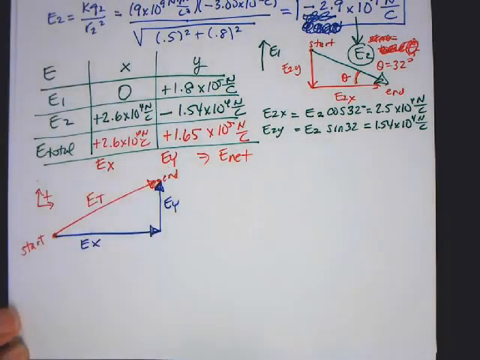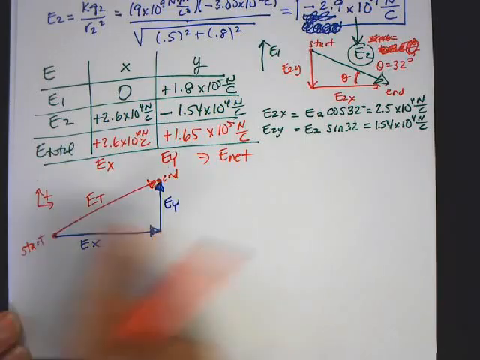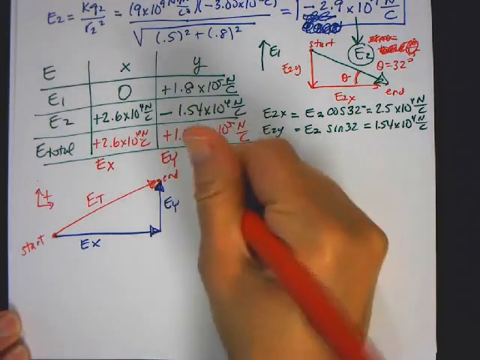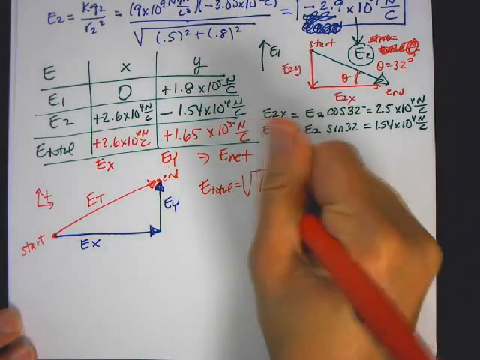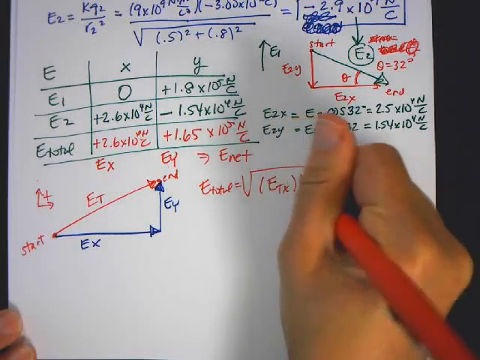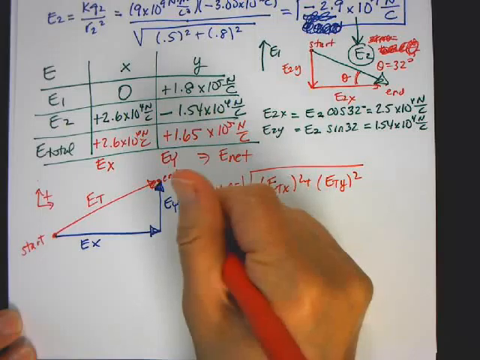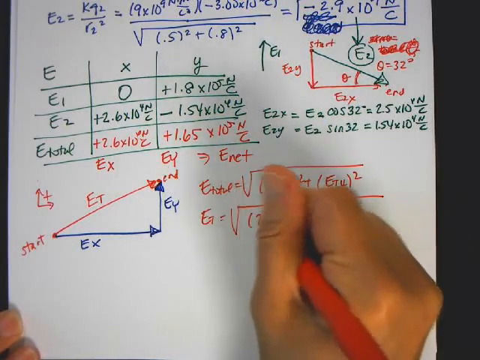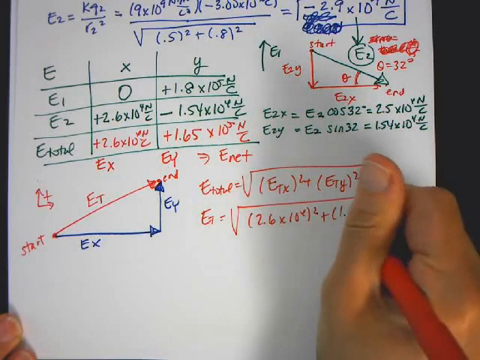Now this is easy. To find the magnitude, magnitude means how much of this, I'm just going to use the Pythagorean theorem. So that's equal to ETX squared, and I'm just calling it total. If you want to call it net, it doesn't matter. You call it whatever you want. And that's equal to the square root of 2.6 times 10 to the 4 squared plus 1.65 times 10 to the 5 squared.